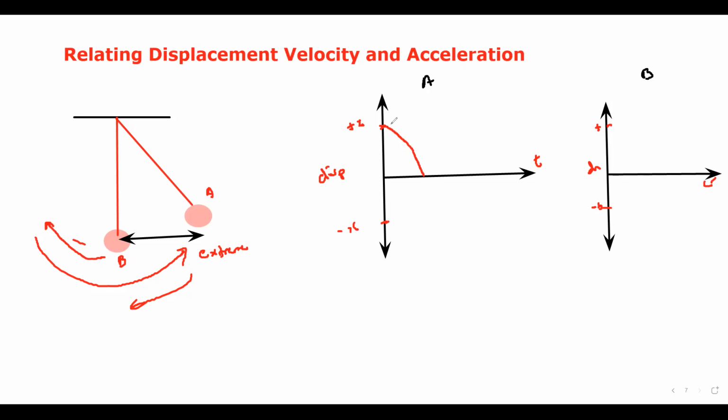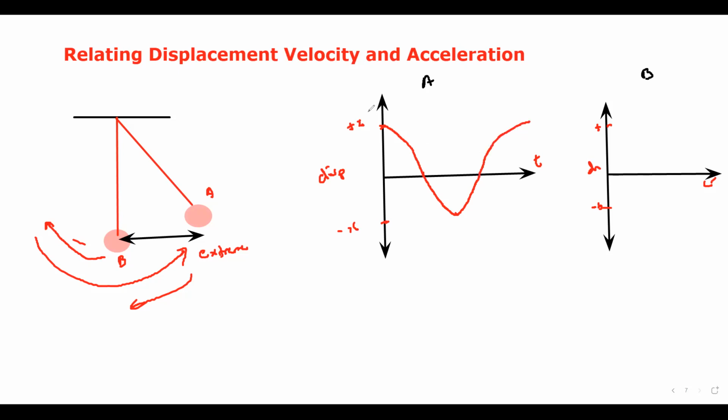When we release, it moves towards the mean position, so the displacement starts to decrease. When it reaches the mean position, it moves in the opposite direction, so the distance from the mean position increases, but in the opposite direction, so negative. Then it returns back and moves in the same direction where we released it.